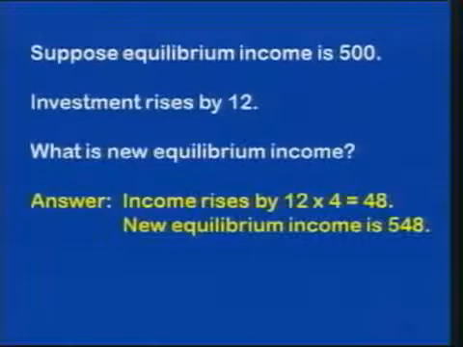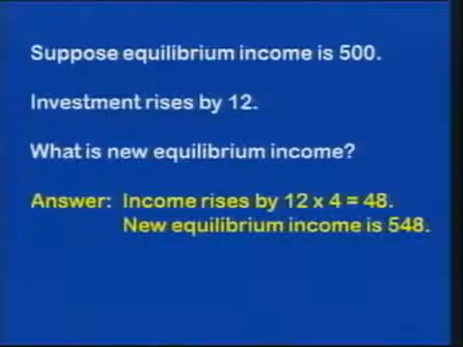Suppose the equilibrium is 500 and investment increases by 12. If we know the multiplier is 4, meaning that every dollar of investment translates into 4 units of increased output in the economy after you have this full ripple effect, then we know that income is going to rise by 12 times 4, which is 48, and equilibrium is going to move up to that new point.